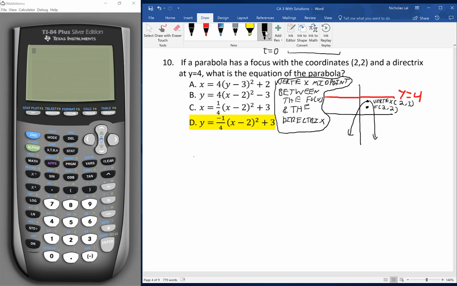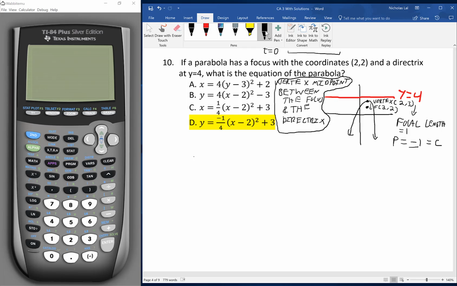Also, because we go from our vertex down to our focus, our focal length is equal to 1. Because we're going downward, P, or some people call it C, is equal to -1. And that's because we are facing downwards, a downward facing parabola, so P or C is negative.